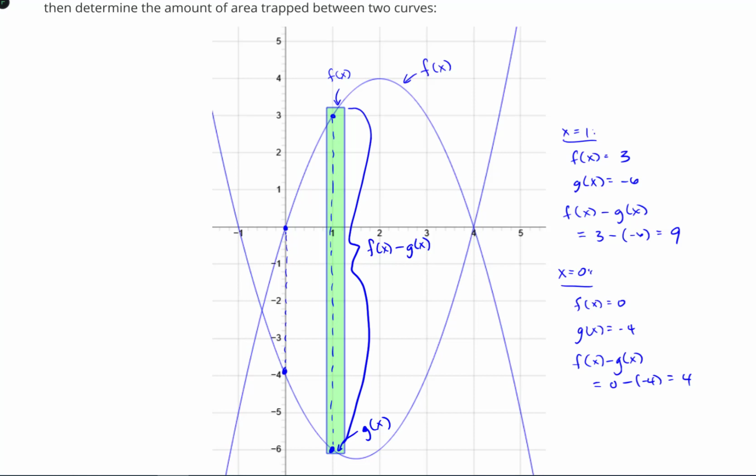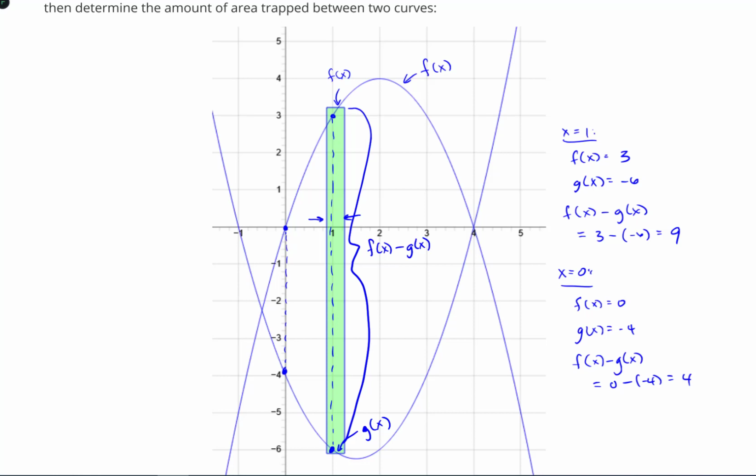Now, since we can get the height of an individual rectangle between these two curves, we can certainly define a width. And if we take height times width, that will give us an area of one approximating rectangle.